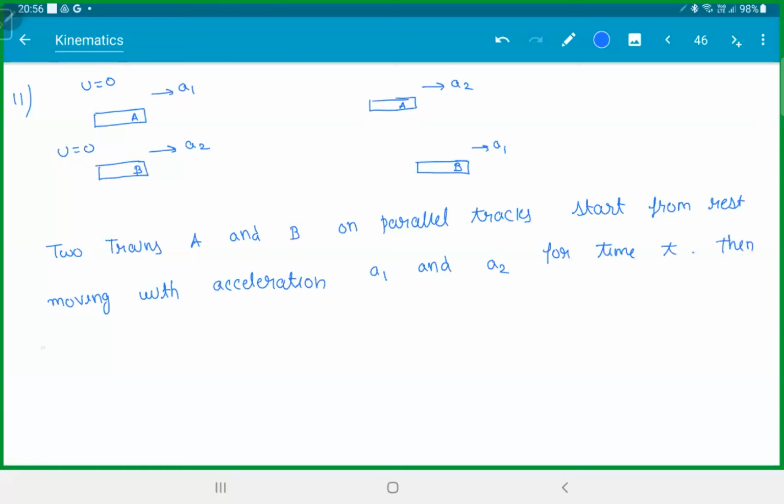Then acceleration becomes A2 and A1. So acceleration basically becomes reversed. They interchange accelerations for another time t.